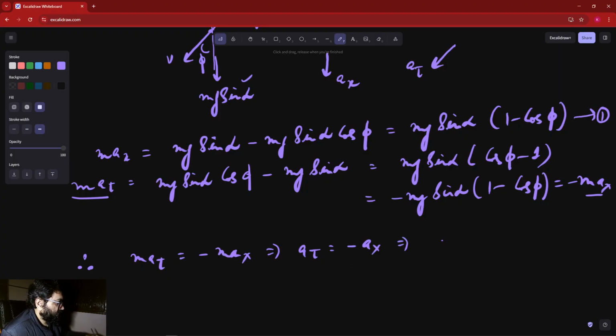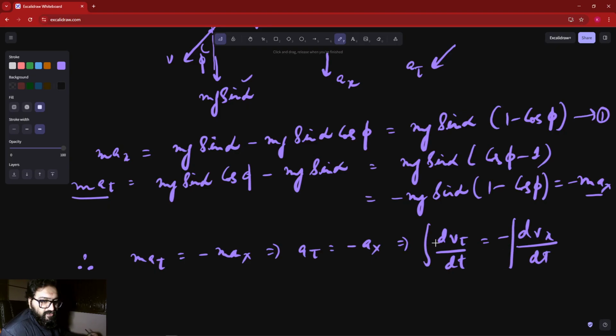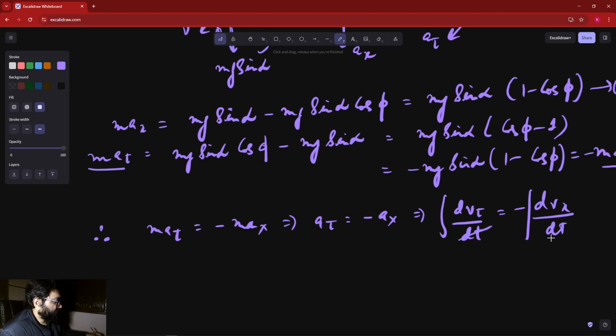This implies dVt upon dt is equal to minus dVx upon dt. Okay. If I integrate on both these sides, I obviously get dt cancelled. Okay. And after that I should be integrating. So I get Vt is equal to minus Vx plus some constant.